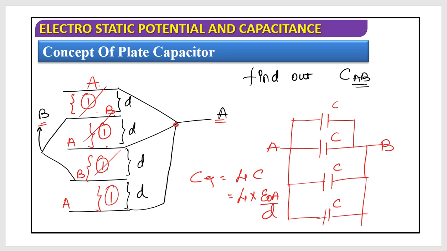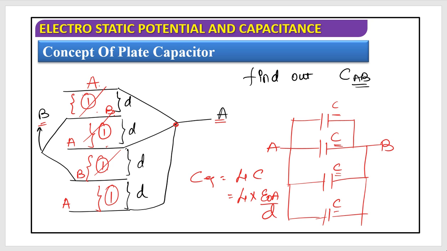Yes, these are plate capacitors. What is the benefit of this? Look at this. You have made four capacitances using this. If you make a single capacitor, it requires at least two plates, so four capacitors would require eight plates.